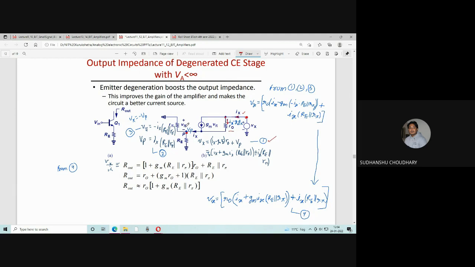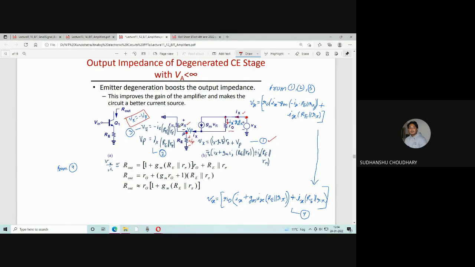And from the left part, V pi is the drop across R pi, so one can write V pi as minus Vp.